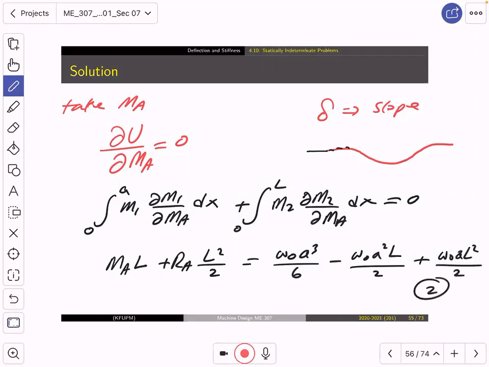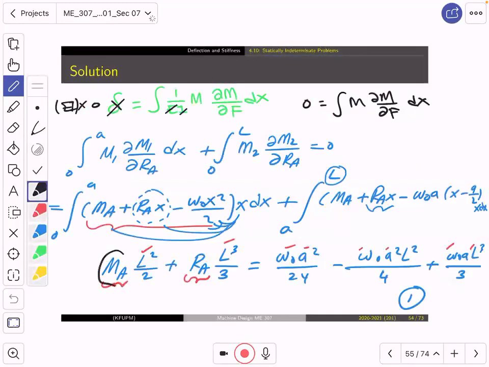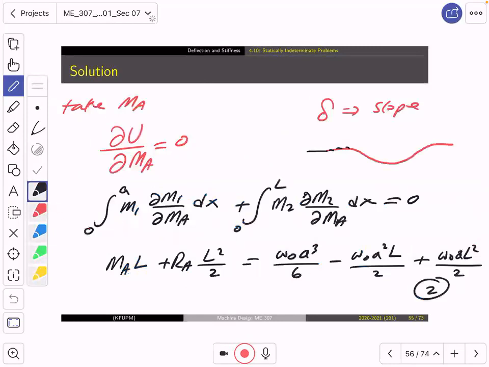And this is equation number 2. Now, you got two equations with two unknowns. The equation before has MA and RA. That is number 1. Number 2 has MA and RA.